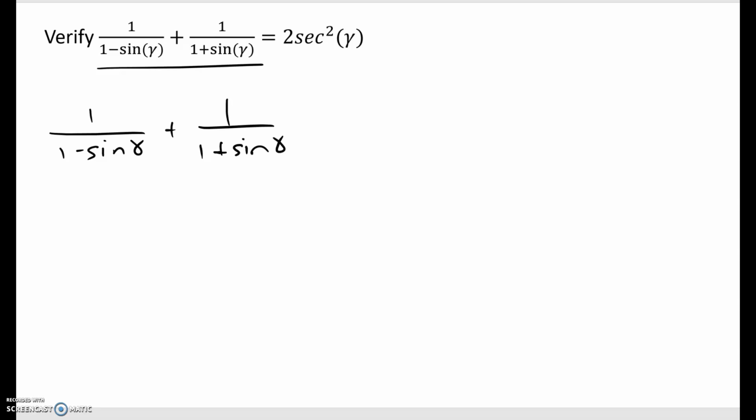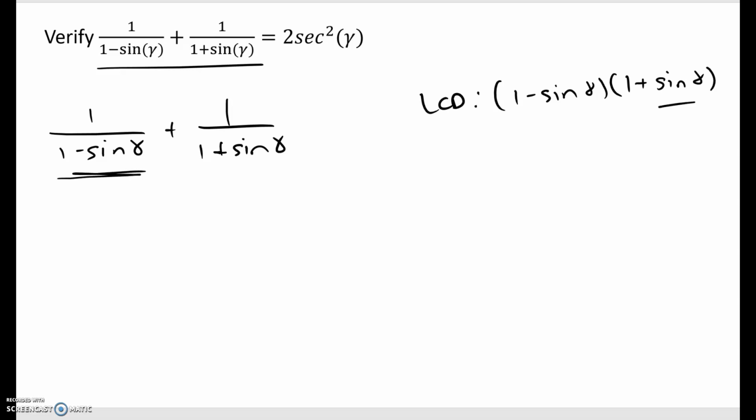Now what I'm going to try to do is to get the denominators the same. So the least common denominator for these two is really just multiply them together. That's the LCD. So for this one, it's missing the 1 plus sine of gamma, so I'm going to multiply the top and bottom by 1 plus sine of gamma. This one's missing the 1 minus sine of gamma, so I'll multiply the top and the bottom by 1 minus sine of gamma.